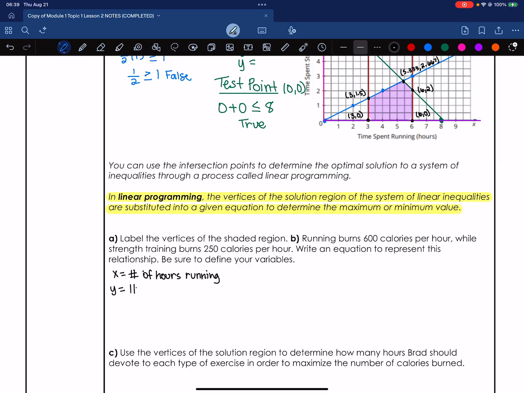Y is the number of hours strength training. And now we didn't get what we're setting this equal to, so we're going to say W is total calories burned.